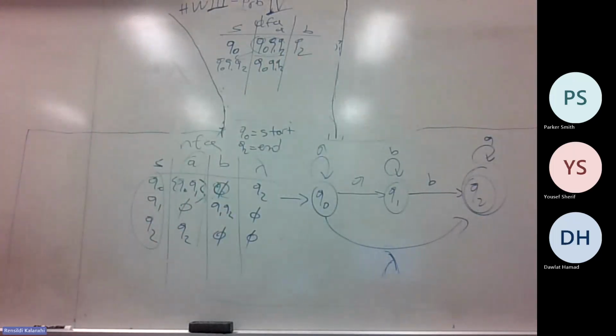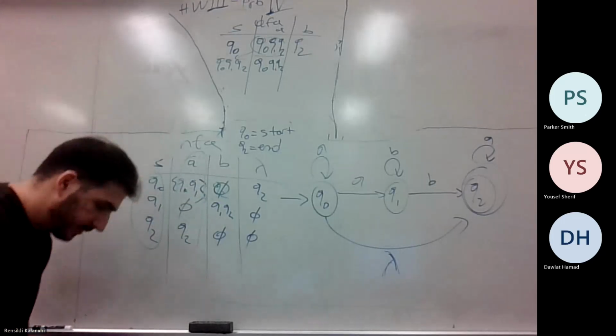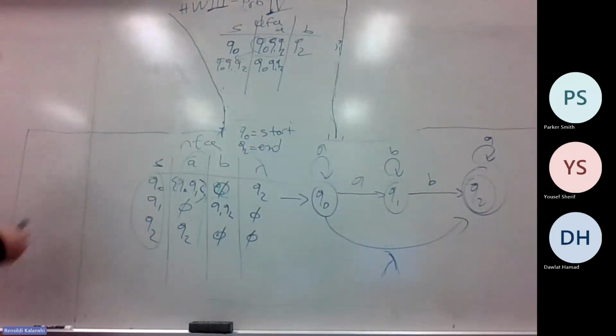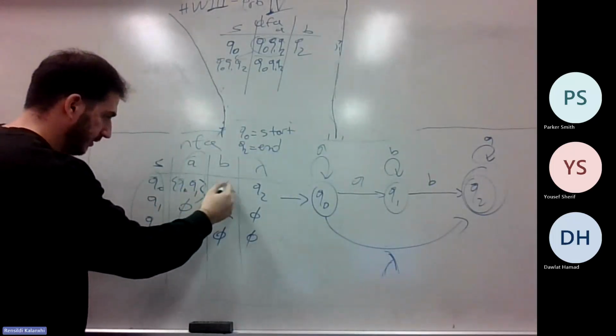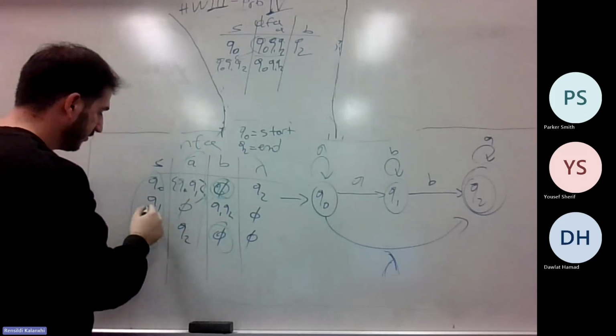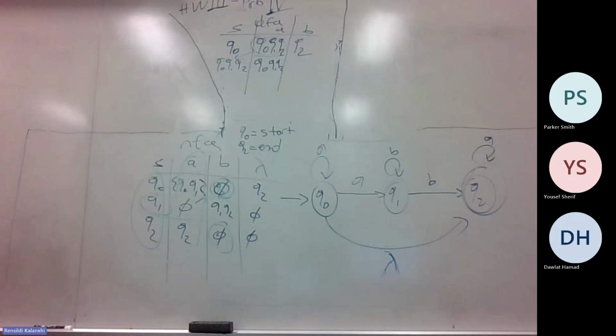And for B, we don't have anything pointing from Q0 to B nor from Q2, but from Q1 we have Q1, Q2, pointing to itself and to Q2.